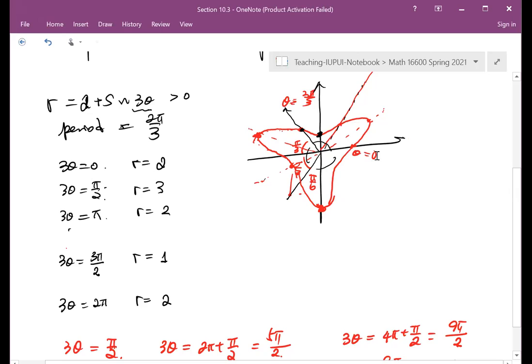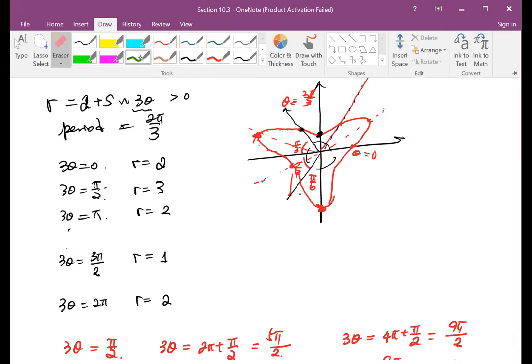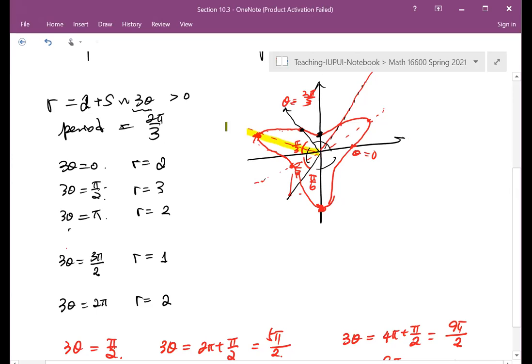You have to point out those special lines, when the value R has a maximum, which is 3. So that's probably enough.